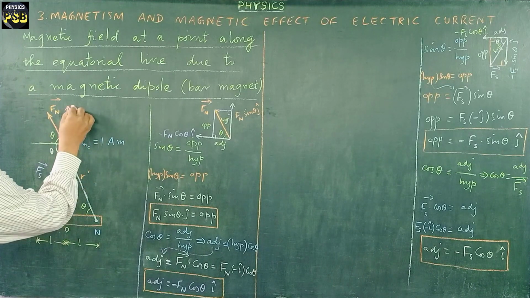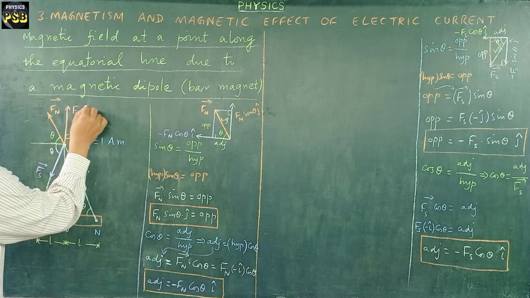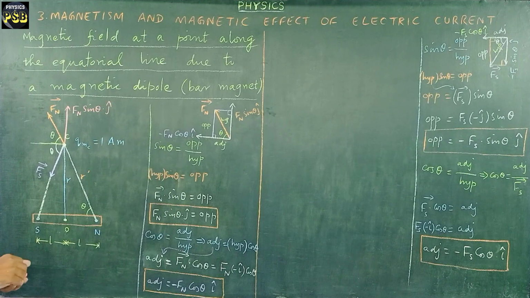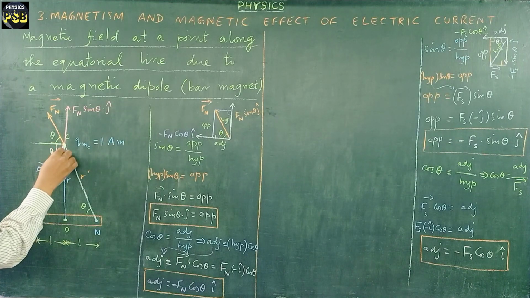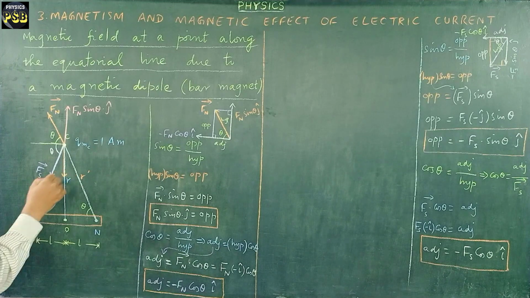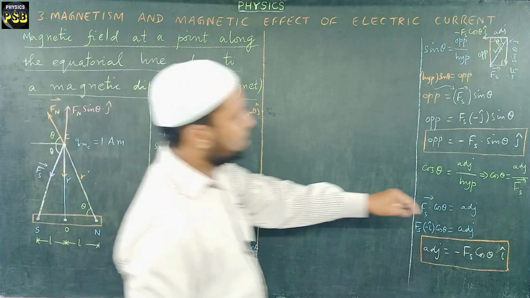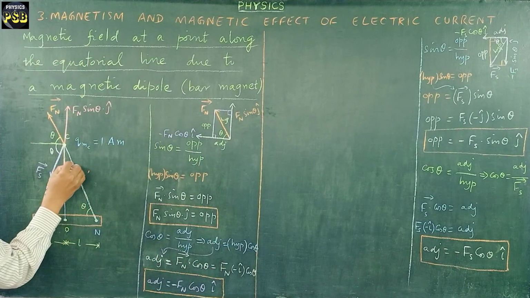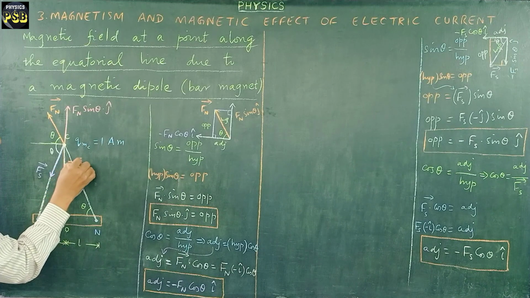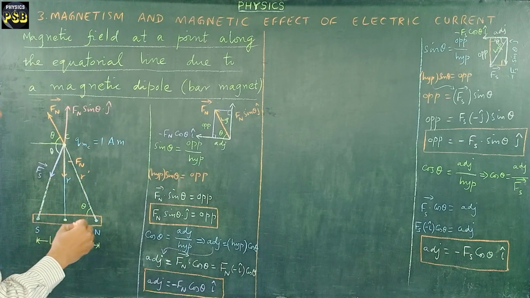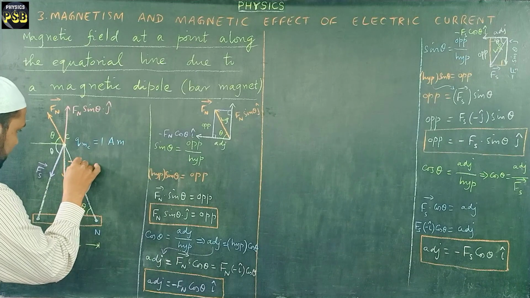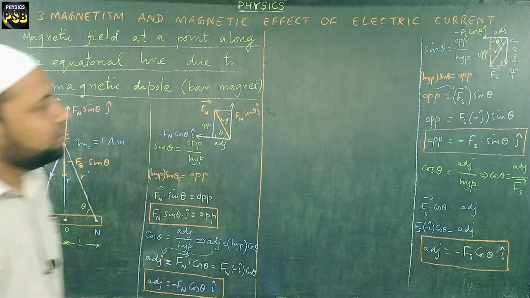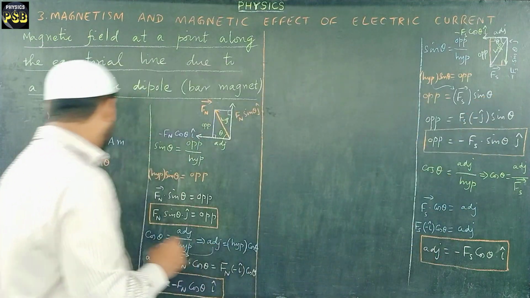Then sin theta j cap. This is the minus Fn, not Fn, I'm sorry, there is Fs sin theta plus j cap.